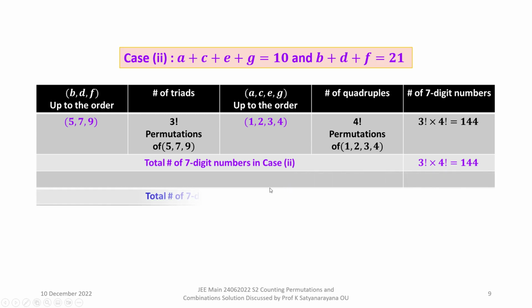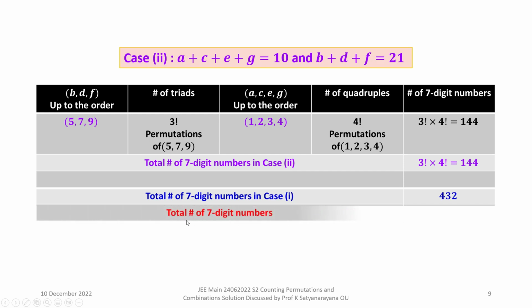So the total number of 7-digit numbers in case 1 is 432. And again use the sum rule of counting. Then you will get the total number of 7-digit numbers as 432 plus 144, that is 576. That's your answer.